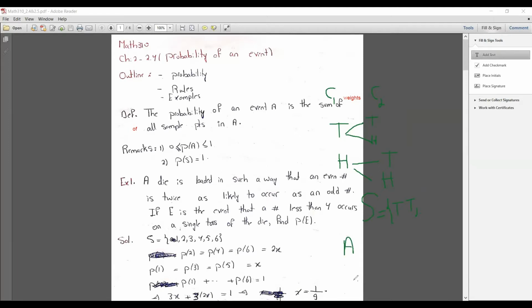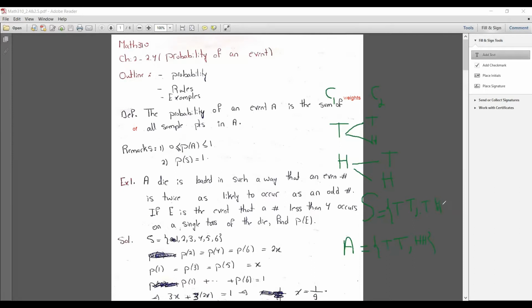Now, if we are saying that the event A is when in both tosses we get the same shape, it means that it is tail and what? And head, because we need both of them to have the same shape. So guys, this is an event. This is the whole sample space. Of course, we have here TH.